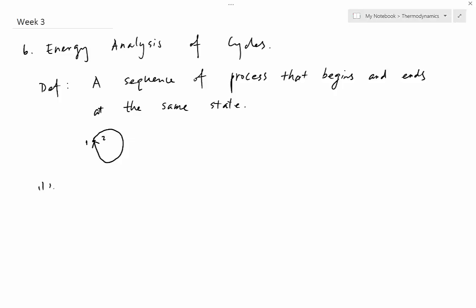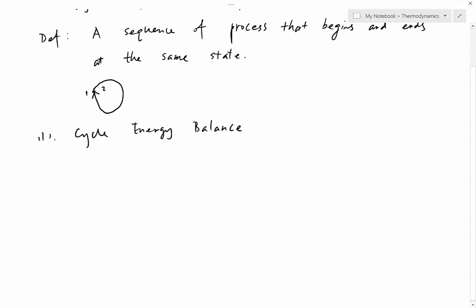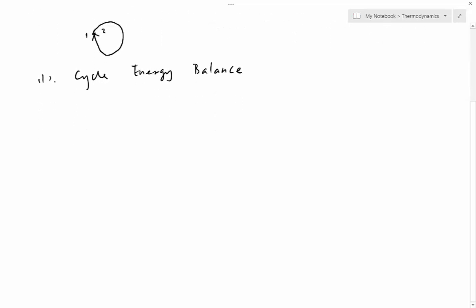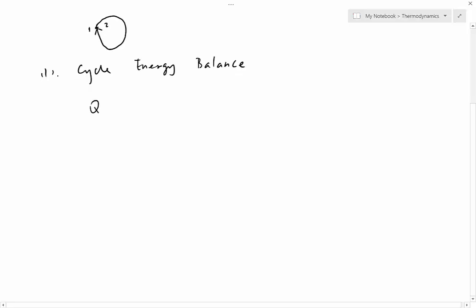Okay, so the first thing we'll talk about under cycles is the energy balance. Cycle, energy balance. Okay, we start from first law. Do you still remember first law for a closed system?